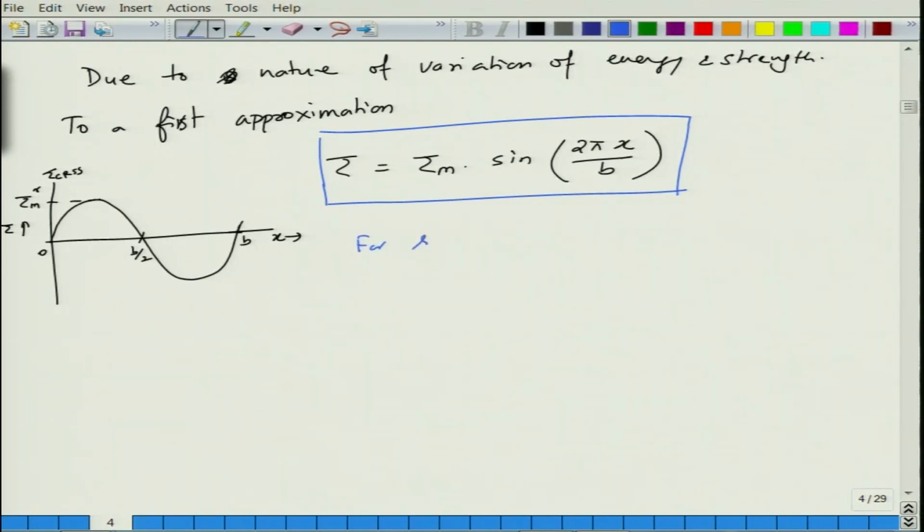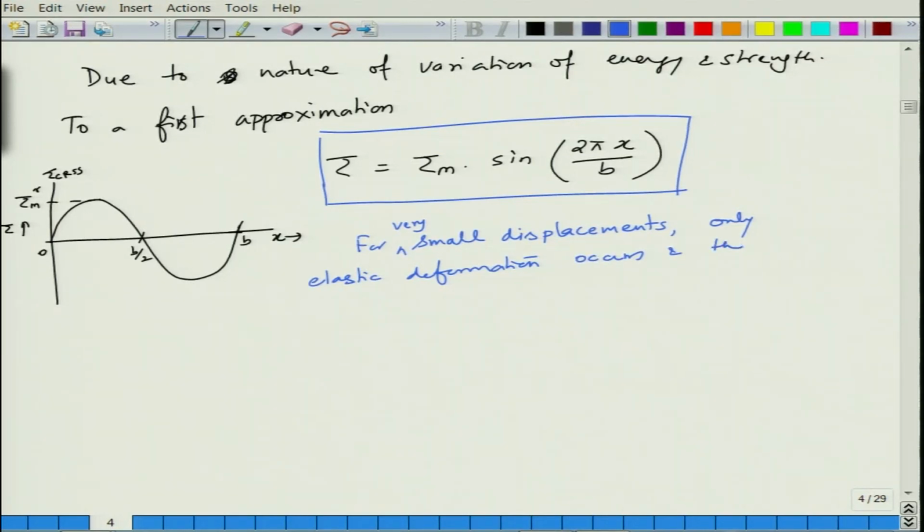So, for very small displacements, let us say only elastic deformation occurs and Hooke's law is valid, that is tau is equal to G into gamma.